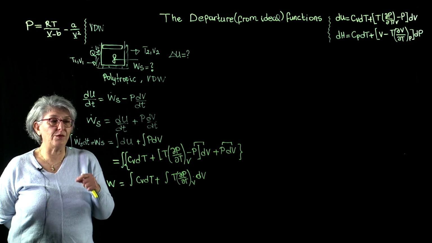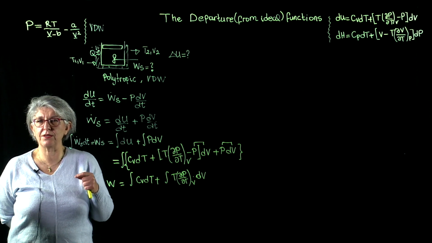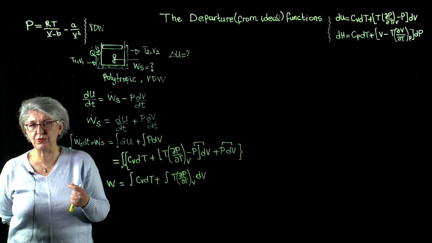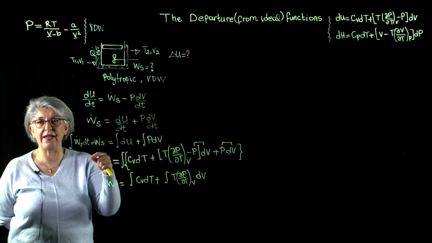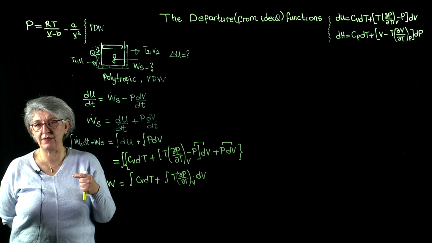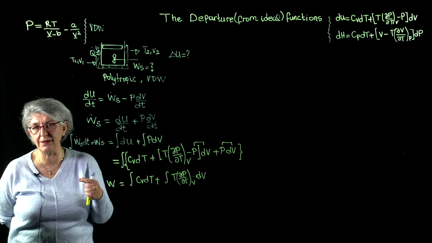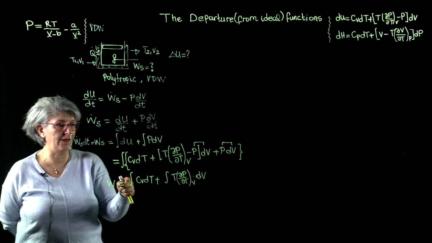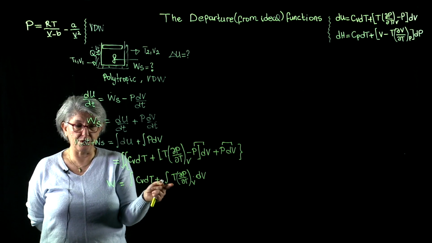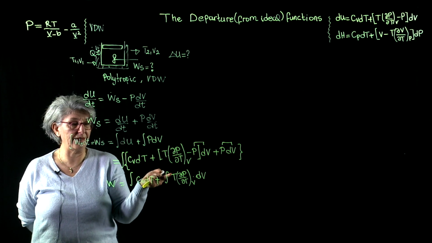So if we know the molecular structure, under the ideal gas conditions, we know how the molecule will behave under the conditions of heat exchange, and this is going to be through the ideal gas heat capacity, C sub V, but we don't know the real fluid heat capacity.